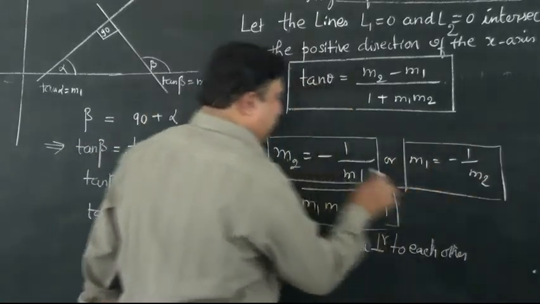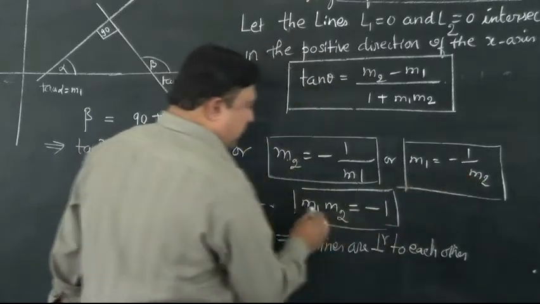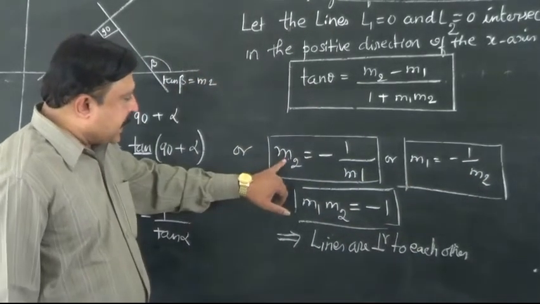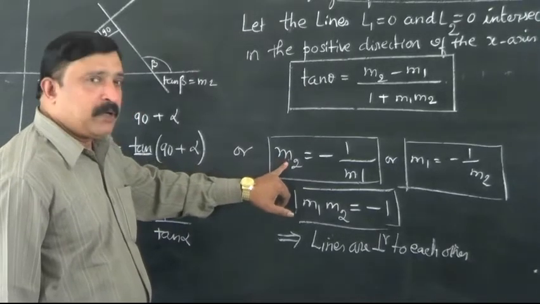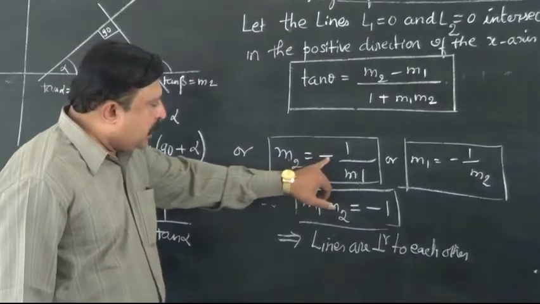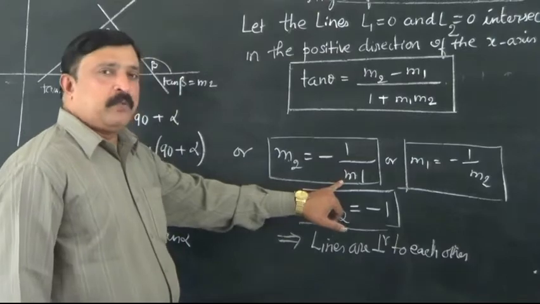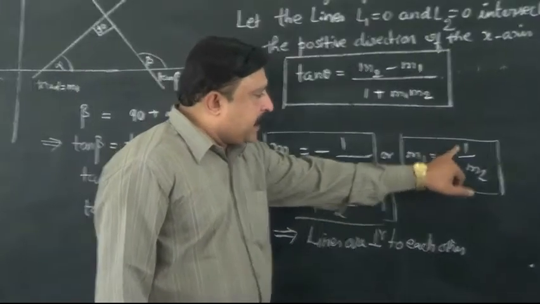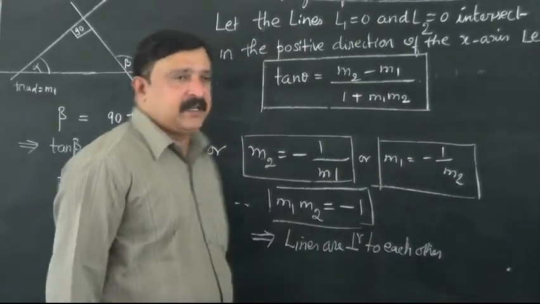Because if you cross multiply either of these two equations, you get m1 m2 equals minus 1. The slope of the second line, m2, is equal to the negative reciprocal of the slope of the first line. Or the slope of the first line is equal to the negative reciprocal of the slope of the second line.